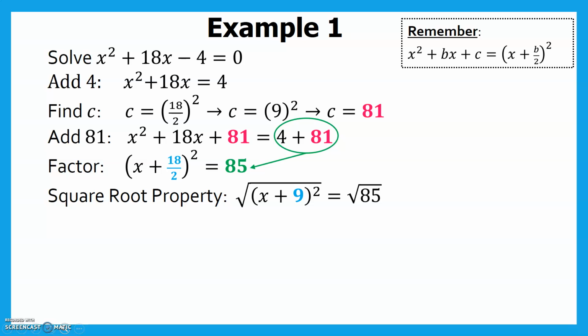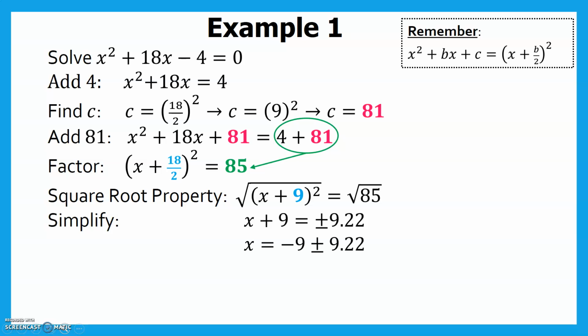Notice I simplified the 18 over 2 to 9. And now when I take the square root, I get x plus 9 equals plus or minus 9.22. I just put 85 in my calculator and rounded to the nearest hundredth, and that's what I want you to do, 2 decimal places. I don't want to know what x plus 9 is, I want to know what x is. So I subtract 9 from both sides, and I get x equals negative 9 plus or minus 9.22.